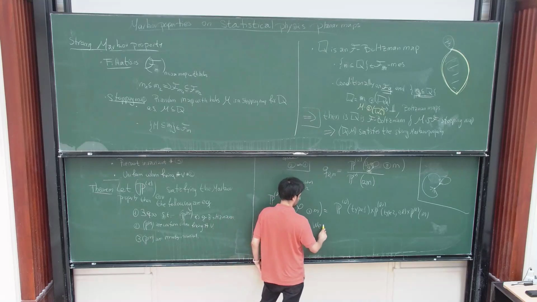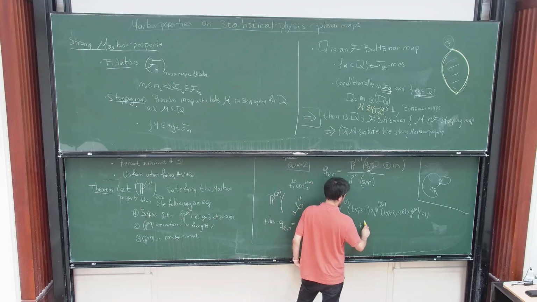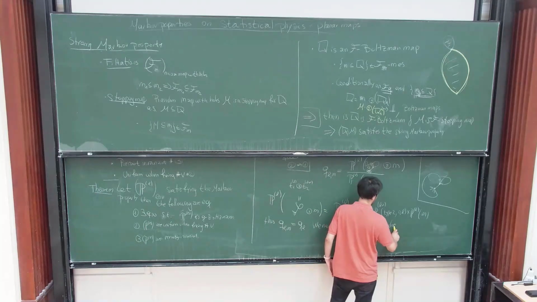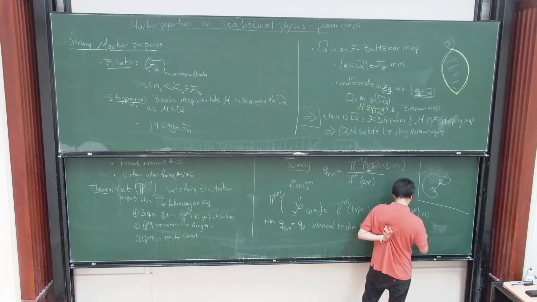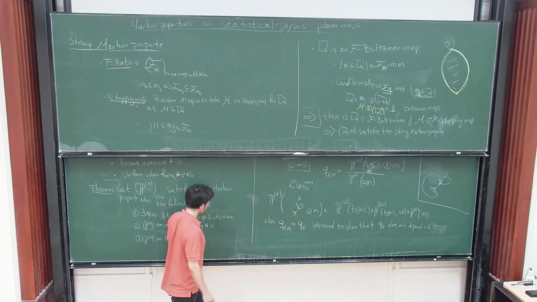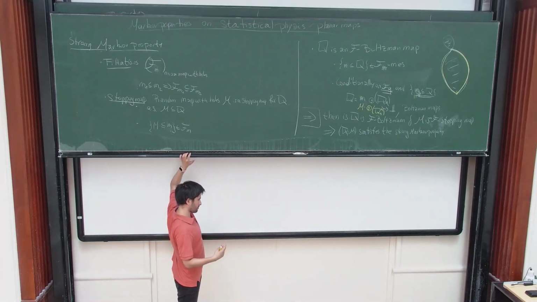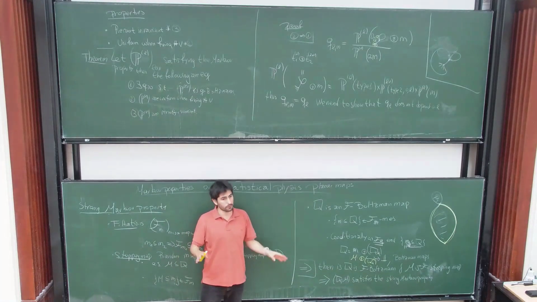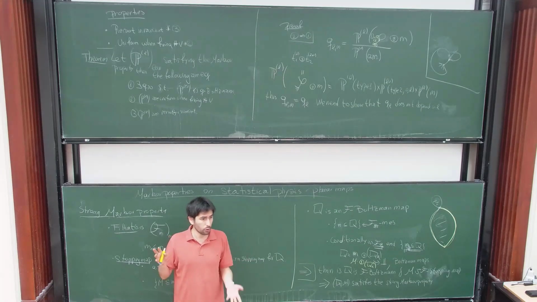We need to show that QL does not depend on L. Okay, to do that, recall that we know that the probability of the maps that have exactly the same amount of vertices is always the same.